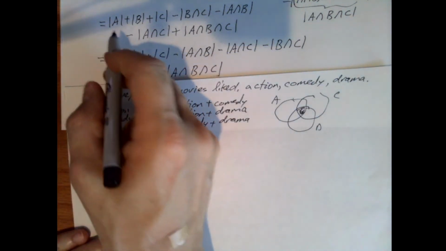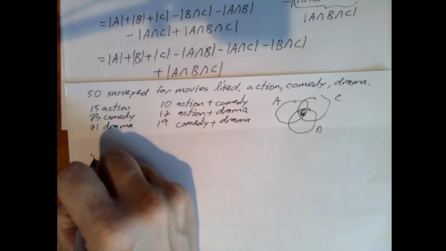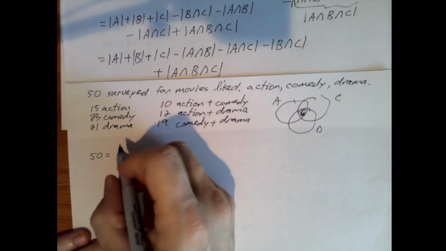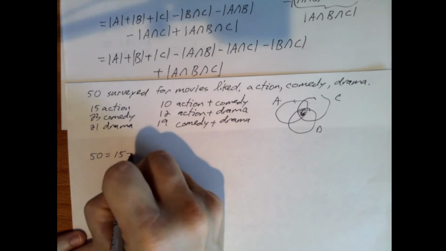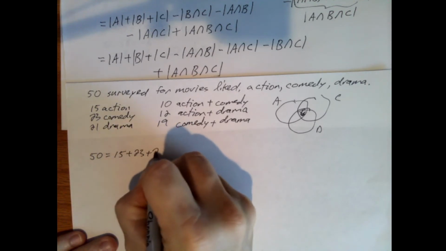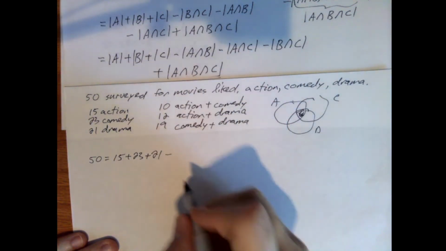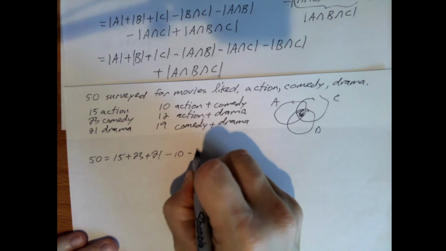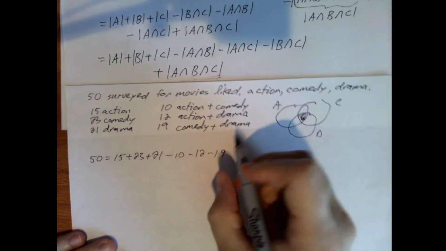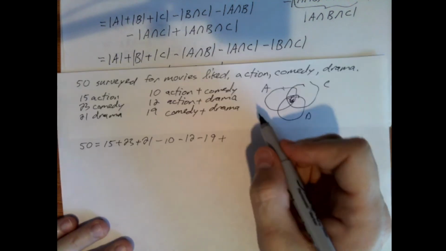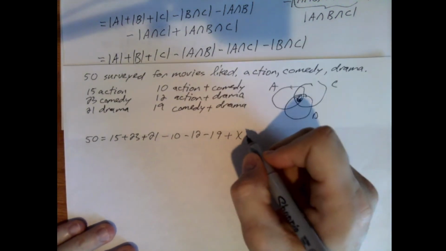So 50 is our total. And so that's equal to 15 plus 23 plus 21 minus the three pairwise intersections, 10 minus 12 minus 19, plus where all three intersect. Okay, so we'll call that X.